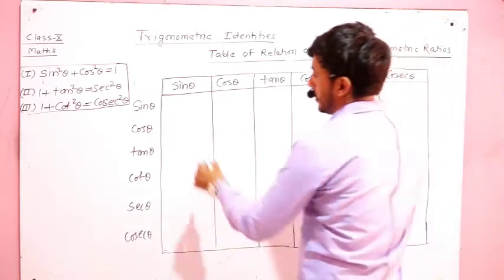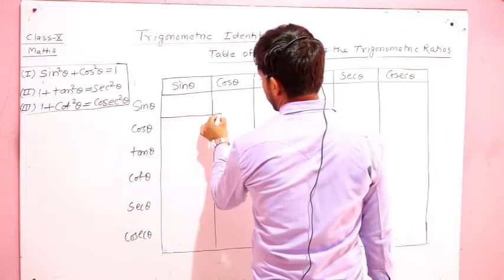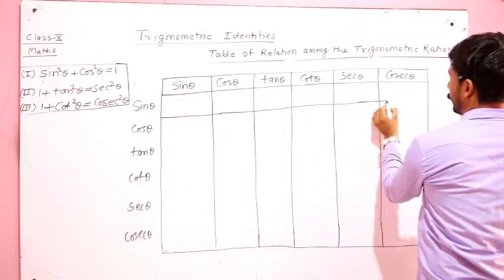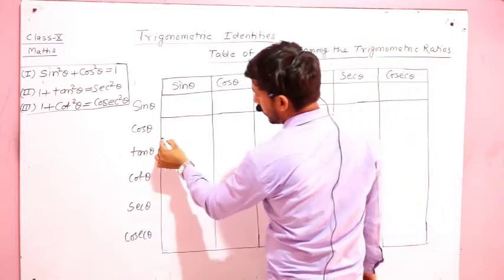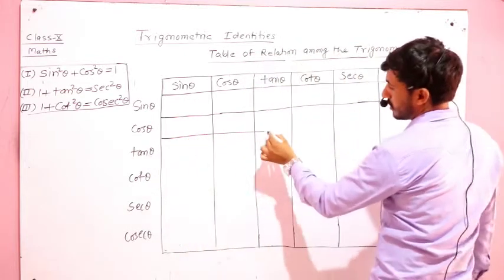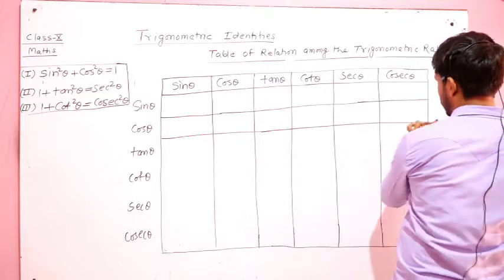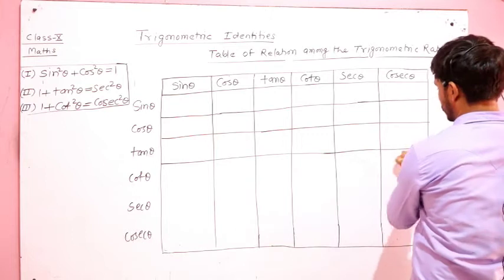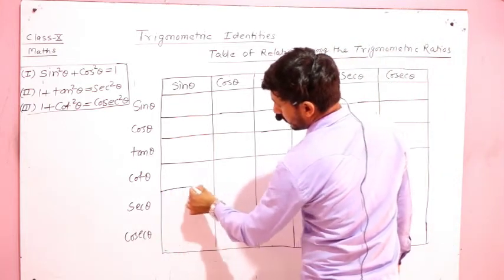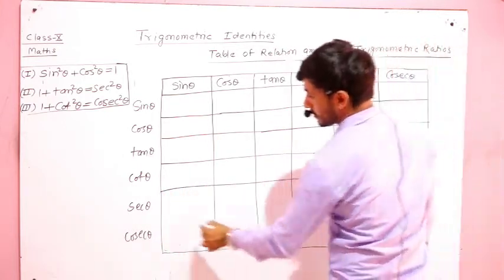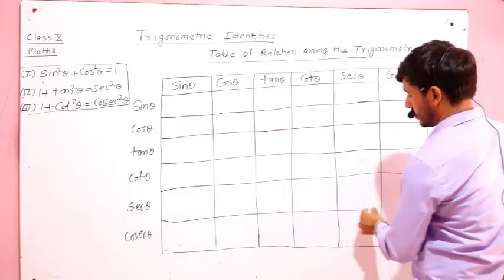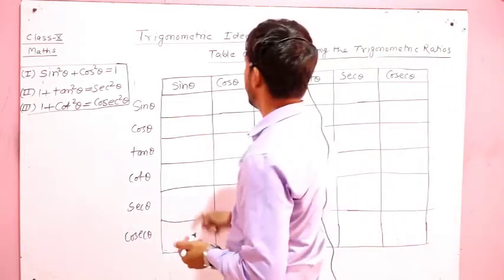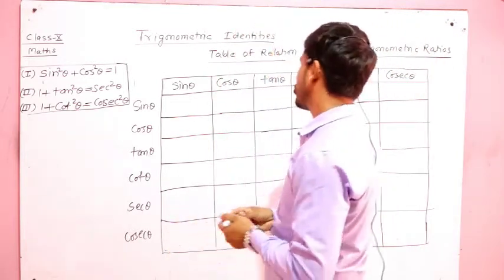Here we can draw a line for sin theta, this line for cos theta, this line for tan theta, this line for cot theta, and this for cosec theta.